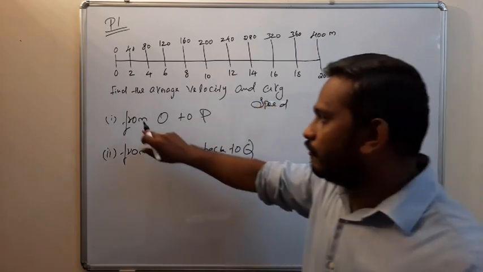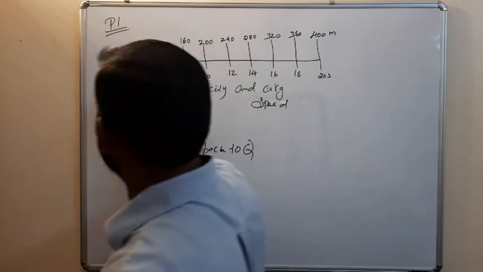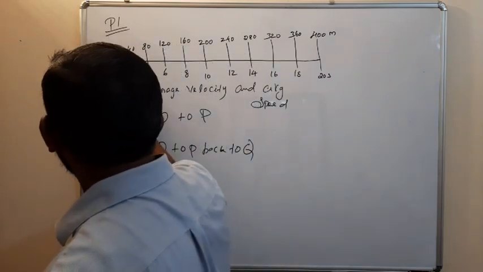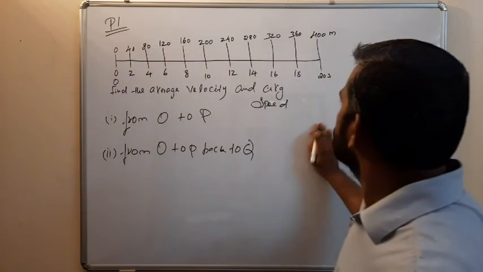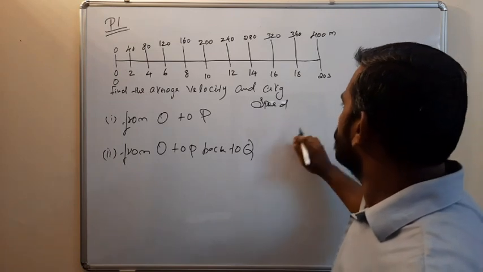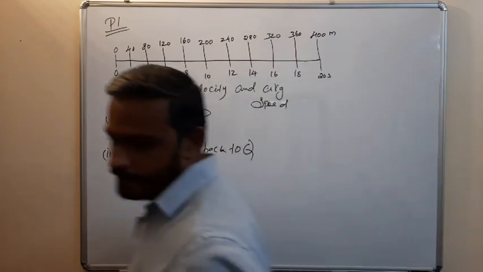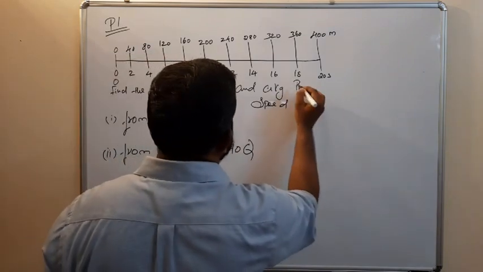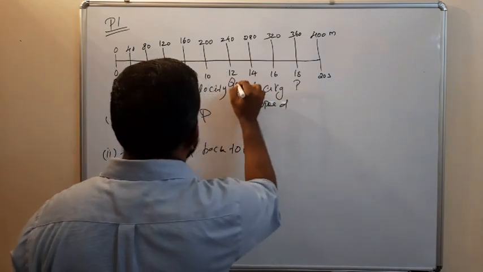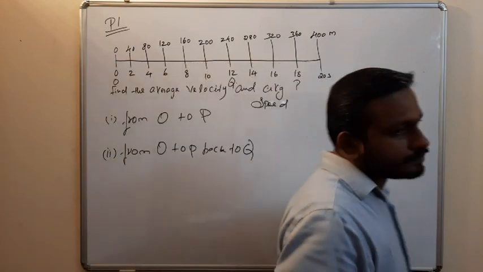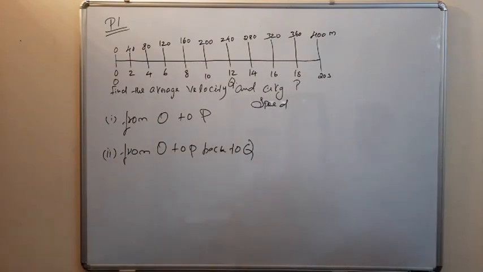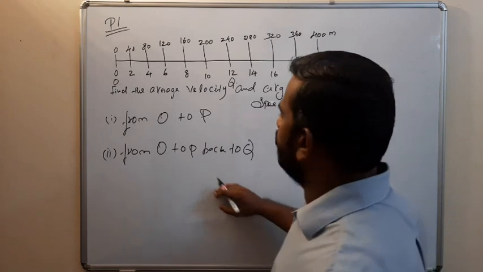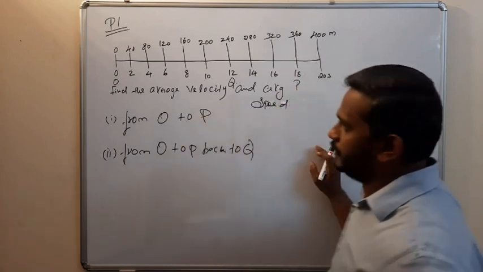Case 1, from O to P. Consider this point as O, this is P and this is Q.